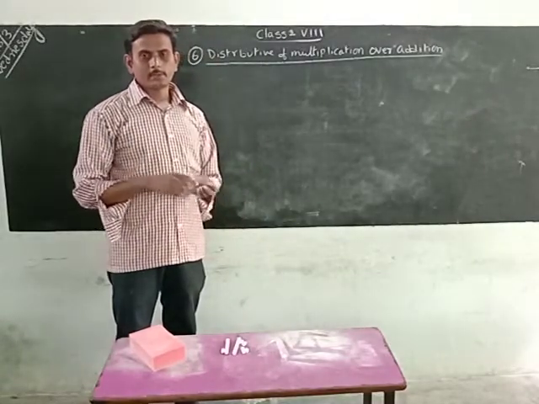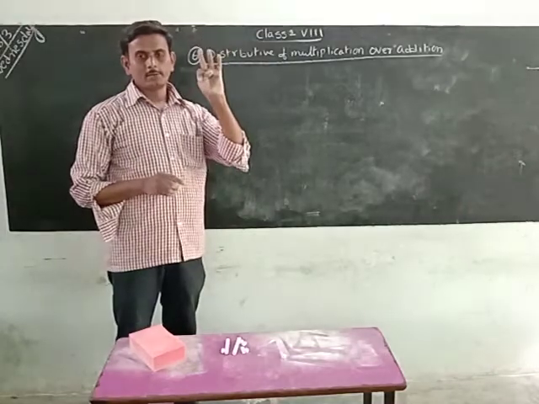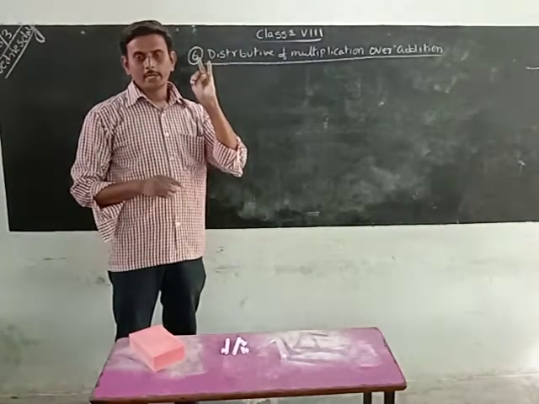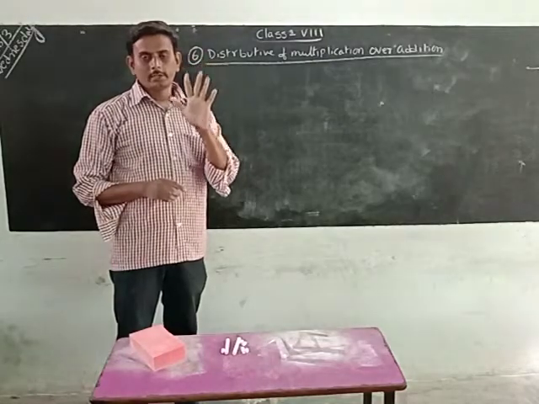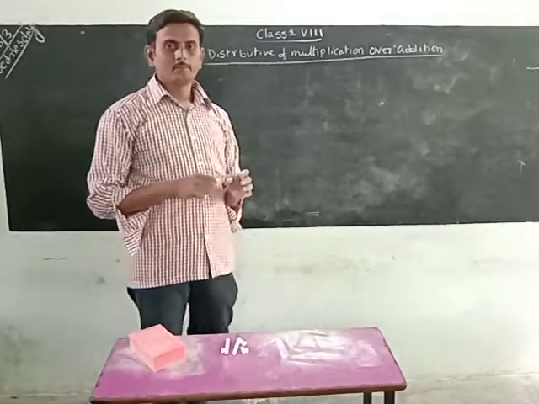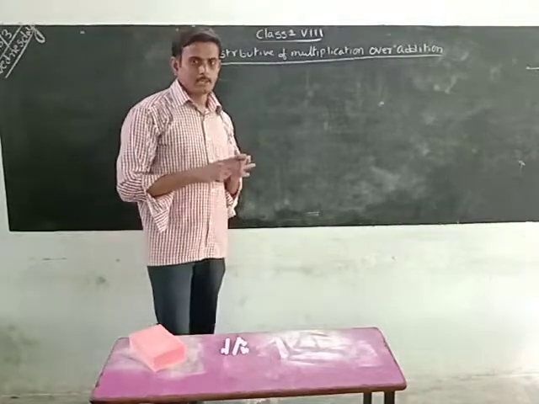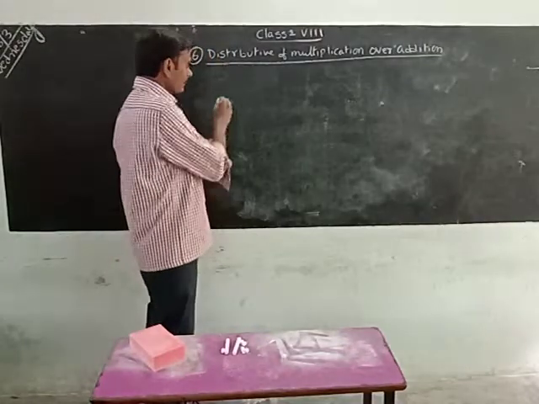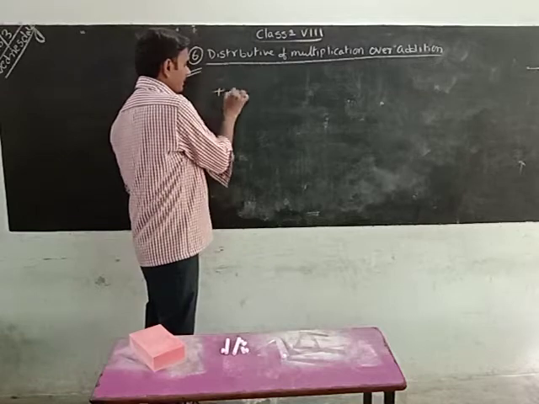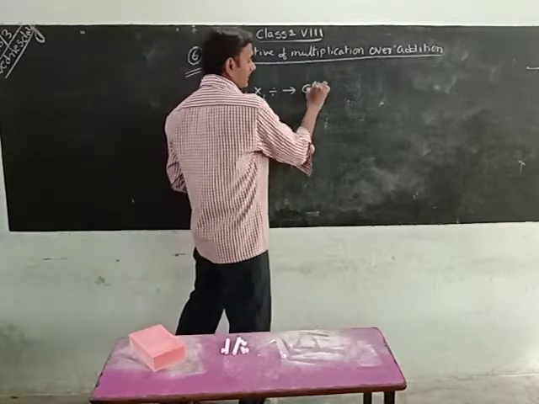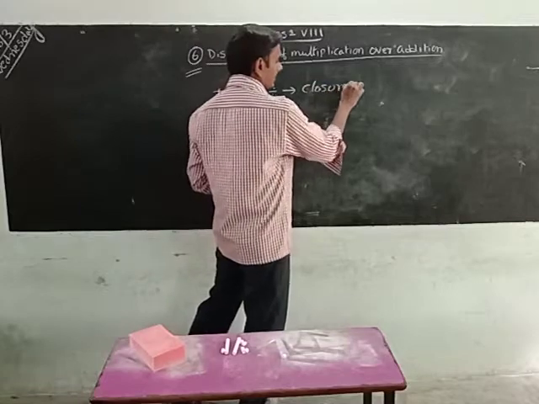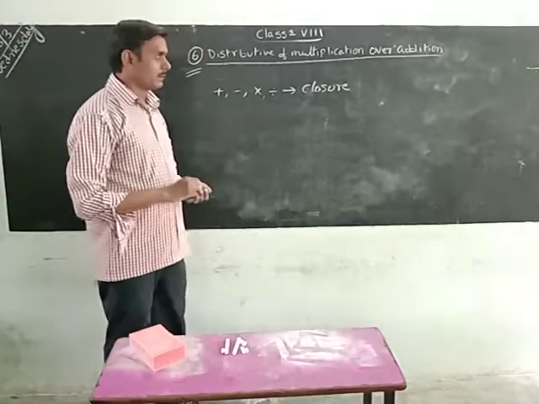What are those five properties? Closure, commutative, associative, identity, inverse. All operators, plus, minus, multiply, division, will follow the closure property for rational numbers.